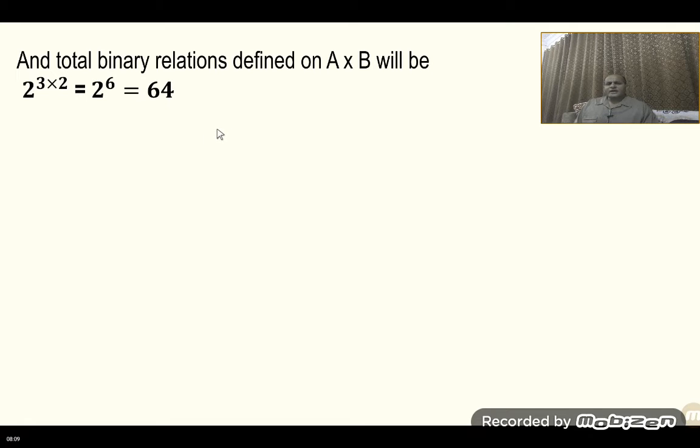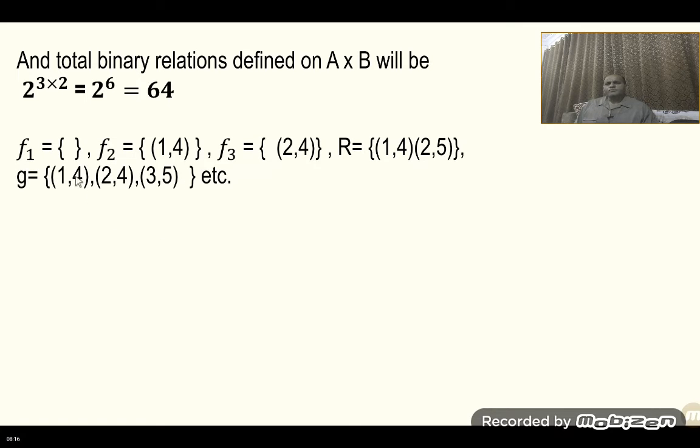We are not in a position to write the whole 64 binary relations here, but I will present a few among them. F1 is, say, the empty set.